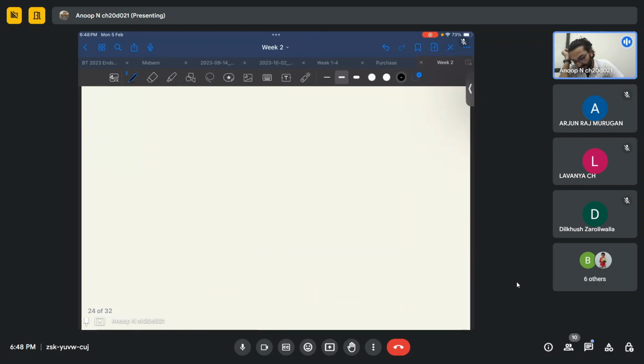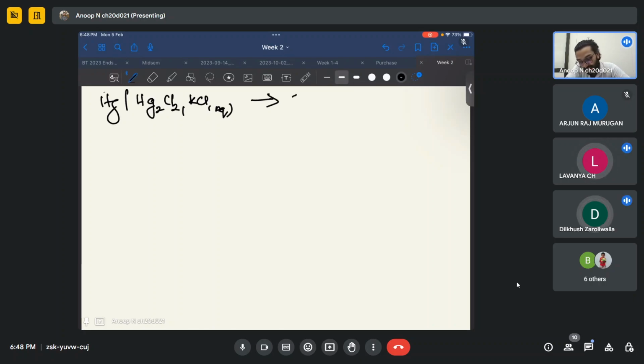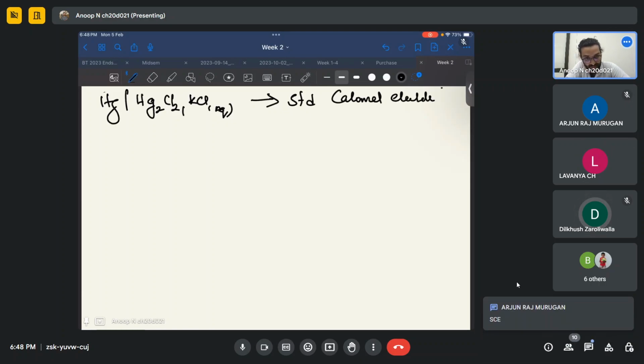So what was that? Hg|Hg₂Cl₂, KCl. What is this type of electrode called? It's called the standard calomel electrode. What is the reaction? Can anyone unmute and say?